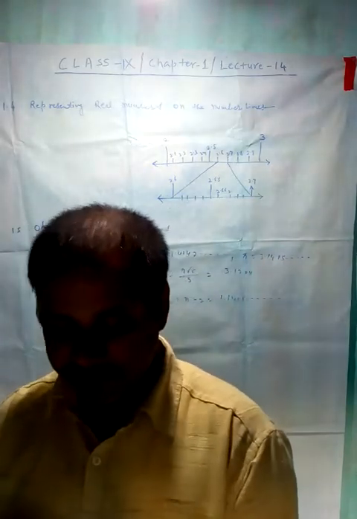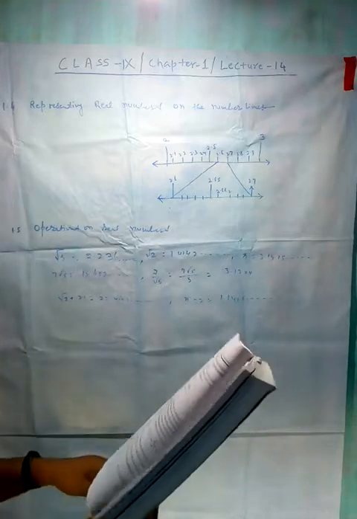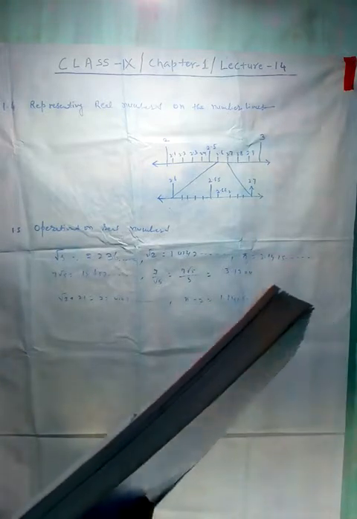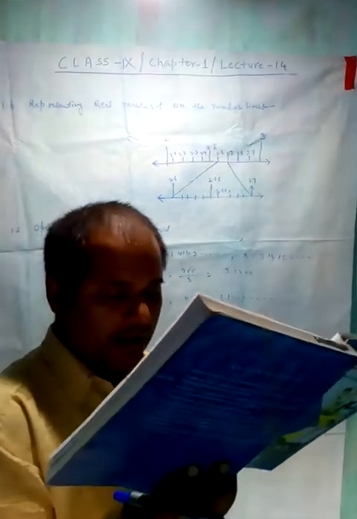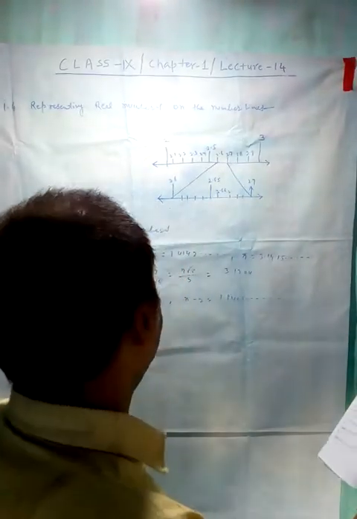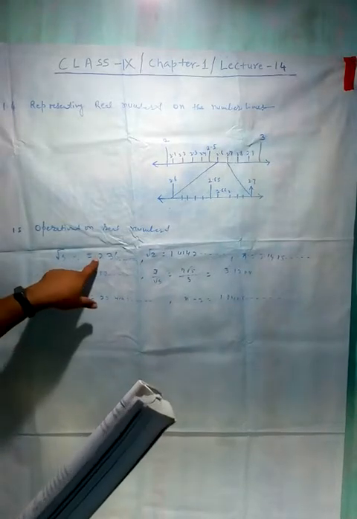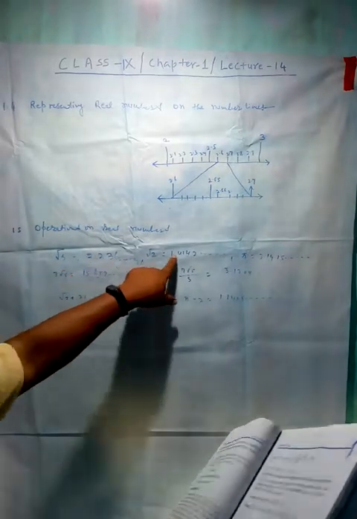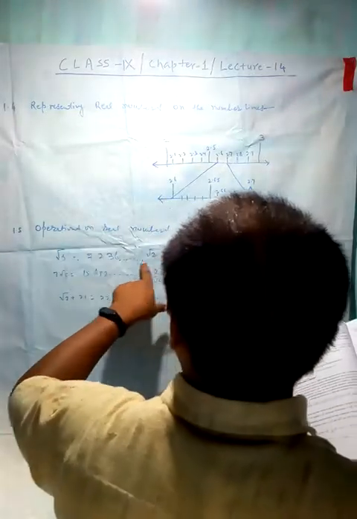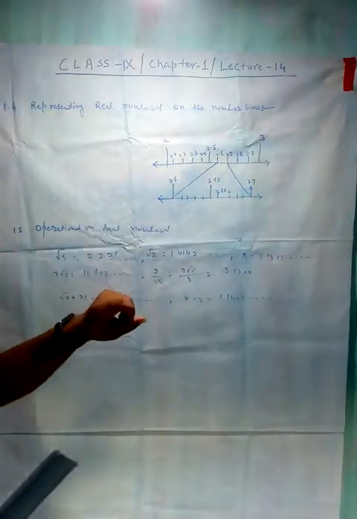Example number 12. Check whether 7 root 5, 7 by root 5, root 2 plus 21, pi minus 2 are irrational numbers or not. Root 5 is equal to 2.236..., root 2 is equal to 1.4142..., because it is non-terminating.